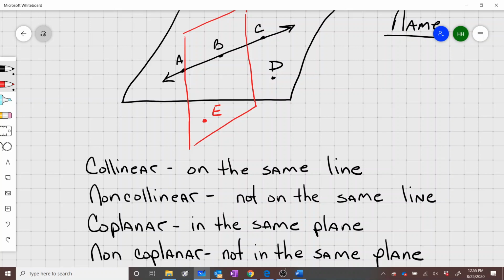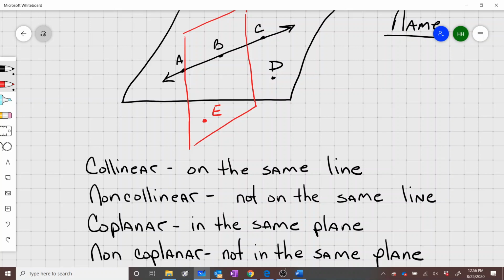Yeah, B and C, or B and D, are in the black plane, but E is in the red plane. A and C, yes, A and C are in the same plane, as well as B and D, correct. E is in the vertical plane. The red one, correct.